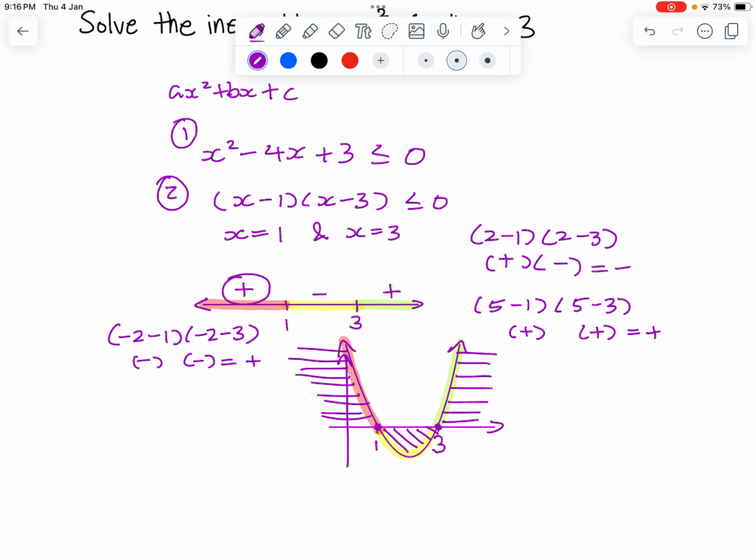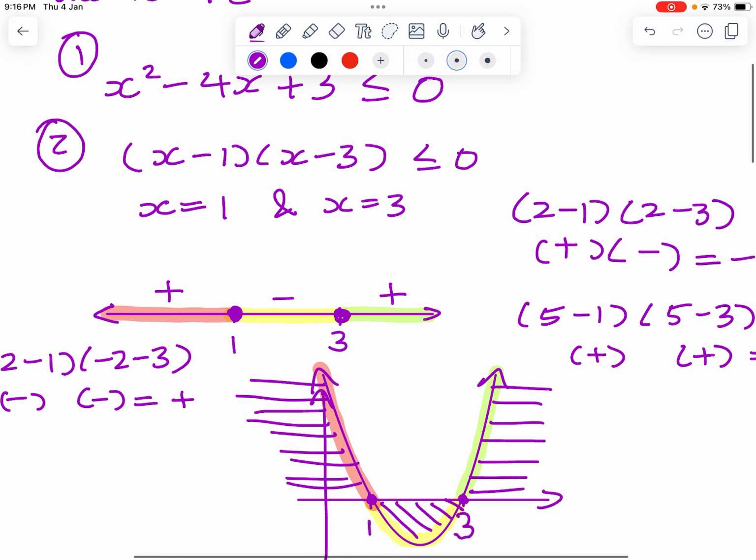So here, which part here is negative? That's right, from the range 1 and 3. And you notice how I put a point there and I circled it in. Remember, on the number line, it's very important to state whether it's open circle or closed circle. Remember, if it's open circle, it means that it is less than or greater than.